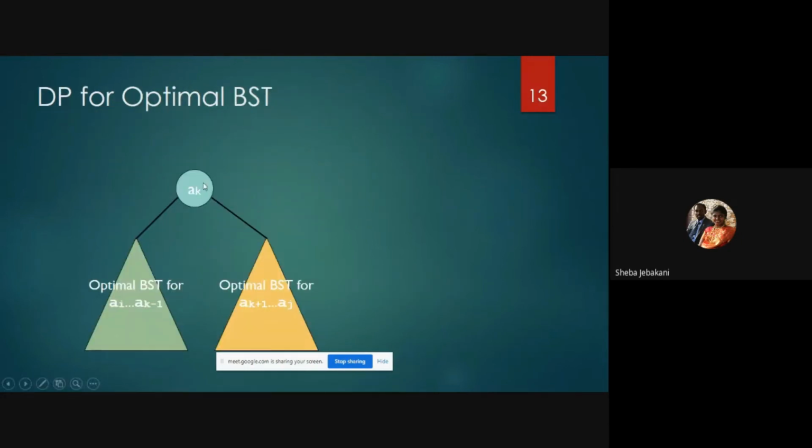If k is the root node, then you need to have i to k minus 1 as your left subtree and k plus 1 to j as your right subtree, because we are taking this node as the root, meaning everything to the left should be less than the root node and everything to the right should be greater than the root node. So that is how we will take it.